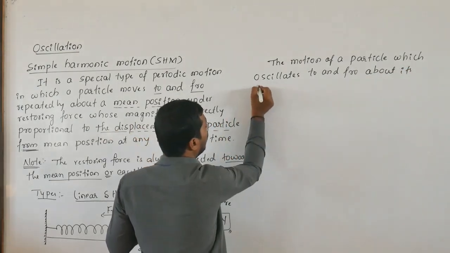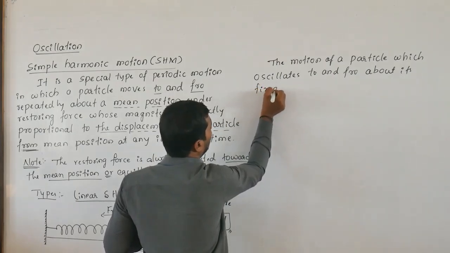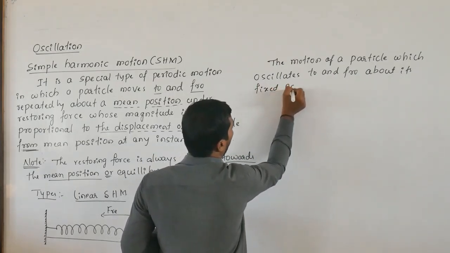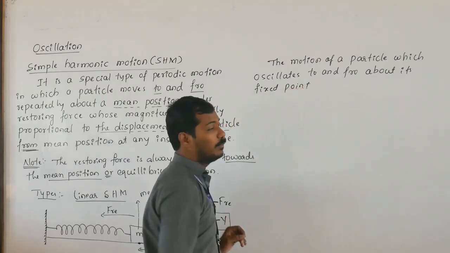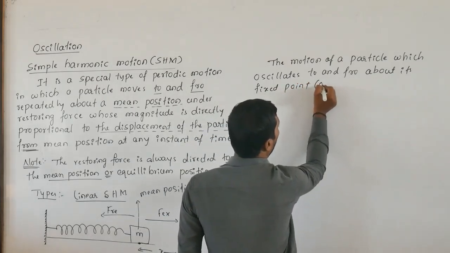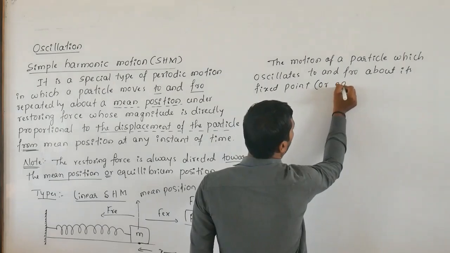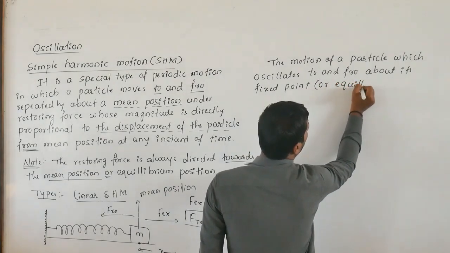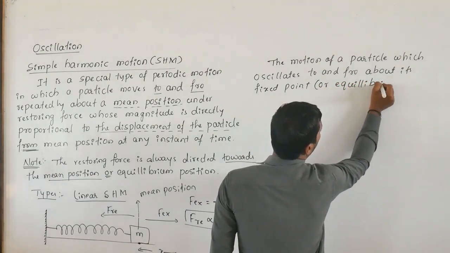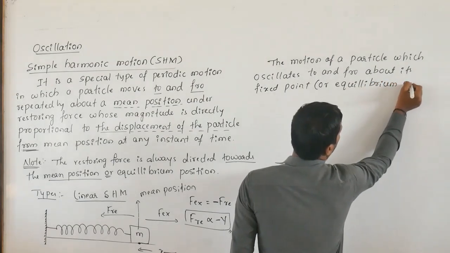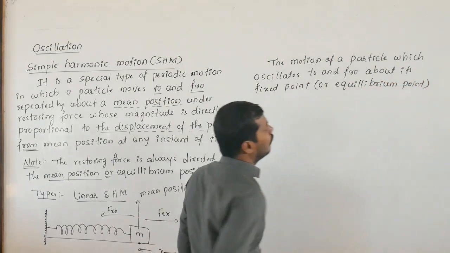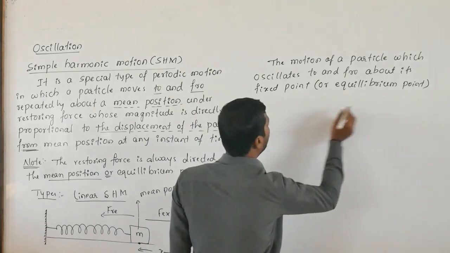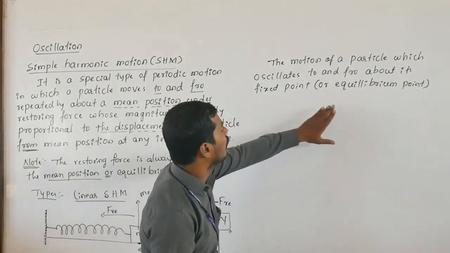I will call that one a fixed point, or it is also called the equilibrium position because it is fixed. It is called the equilibrium point, the equilibrium position.